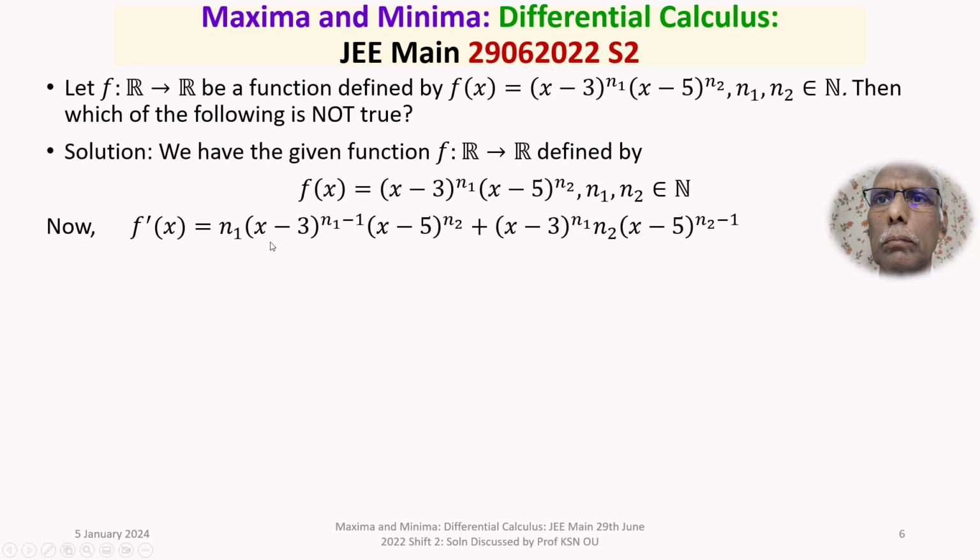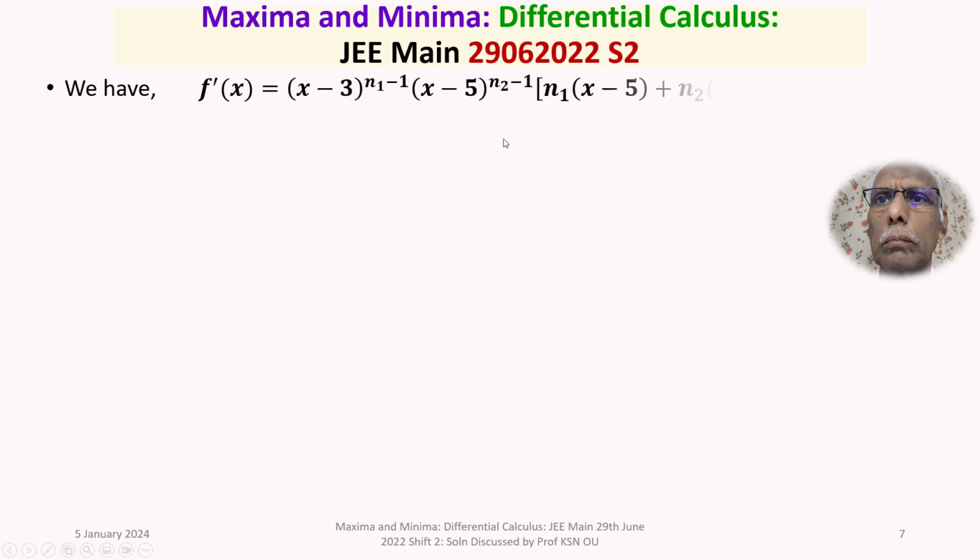We take (x minus 3) to the power of n1 minus 1 and (x minus 5) to the power of n2 minus 1, the product, as the common factor. Then in brackets you will get n1 into (x minus 5) from the first, plus n2 into (x minus 3) from the second. So that is the first derivative of the function f of x.